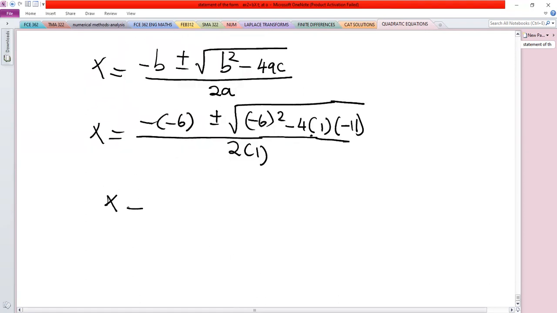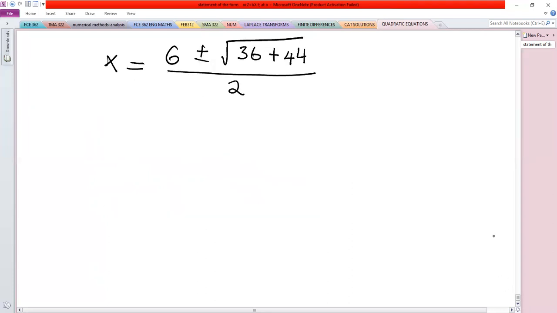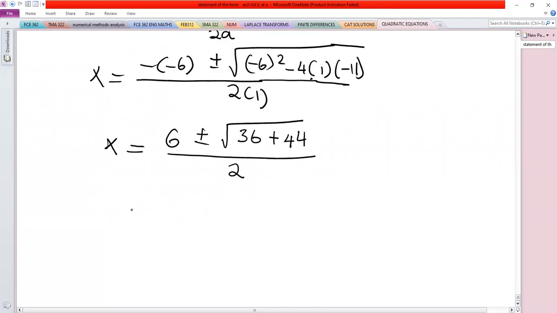Now we'll have x equals 6 plus or minus square root of 36 plus 44, divided by 2. Now, this is the same as 6 plus or minus square root of 44 plus 36, which is 80, divided by 2.